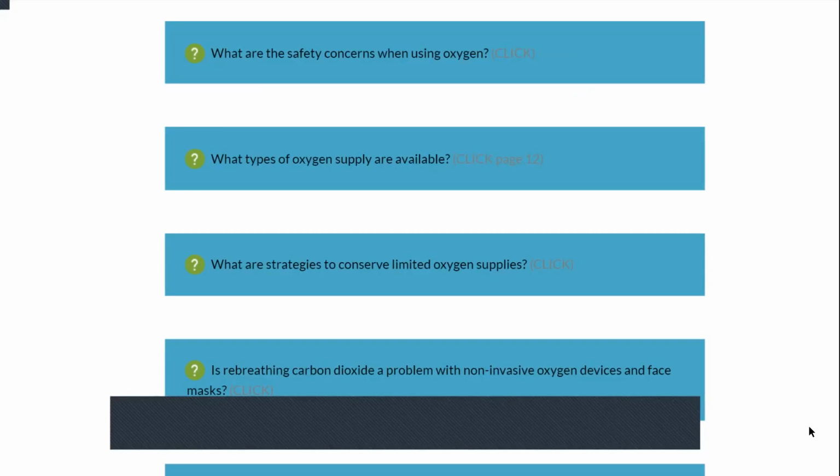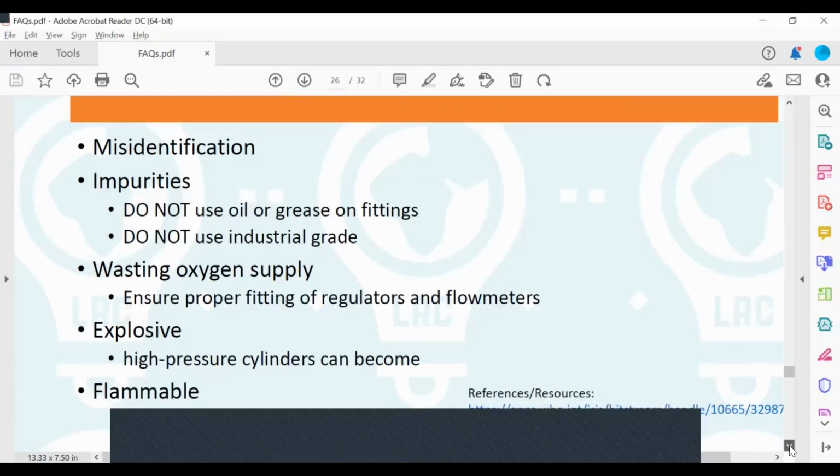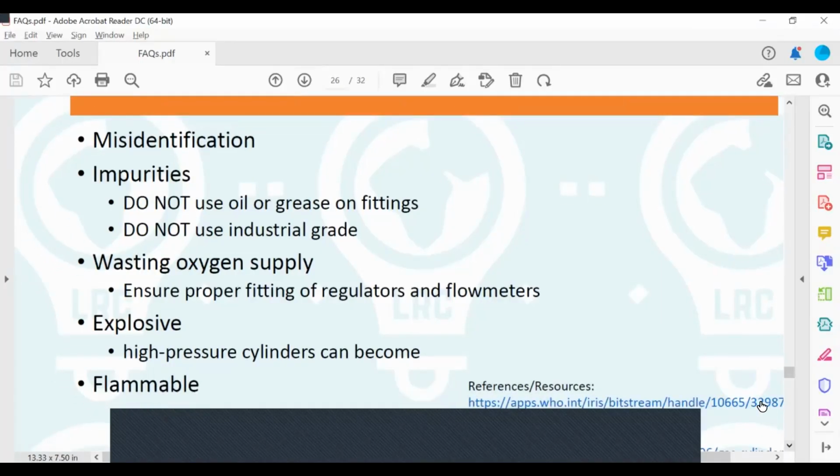And remember, there is a risk of explosion. We need to make sure there is no source of fire in close proximity to our source of oxygen, like cylinders. Oxygen is highly flammable. Those are some of the considerations for safety.